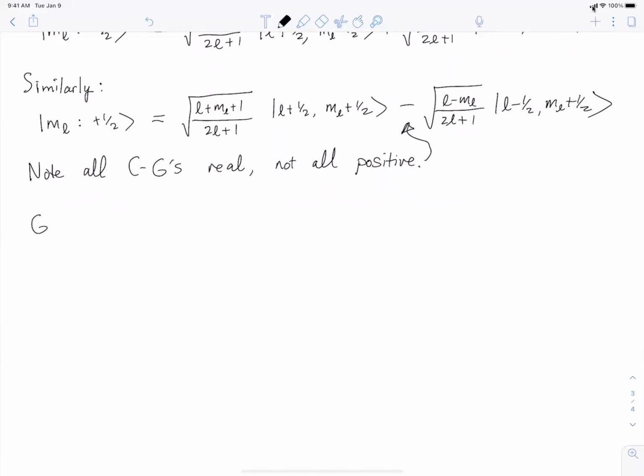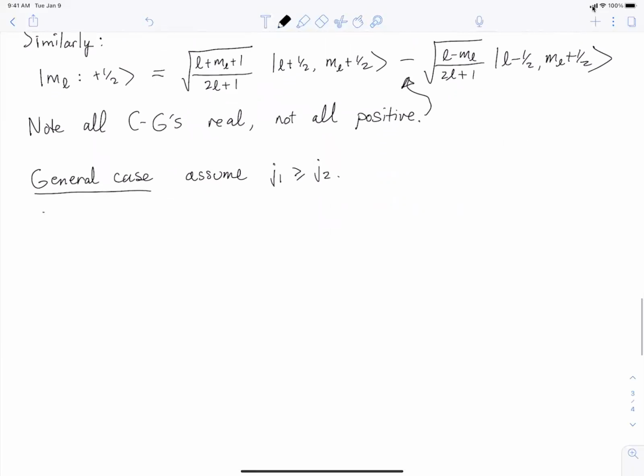Okay, so the general case where you have J1 and J2, and we're going to assume that J1 is greater than or equal to J2. If it's not, then that just means you chose them wrong and you should reverse them.